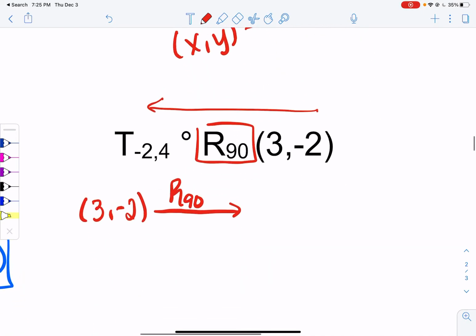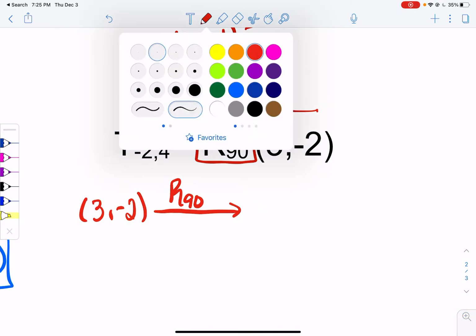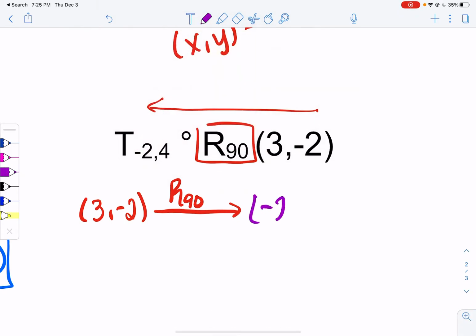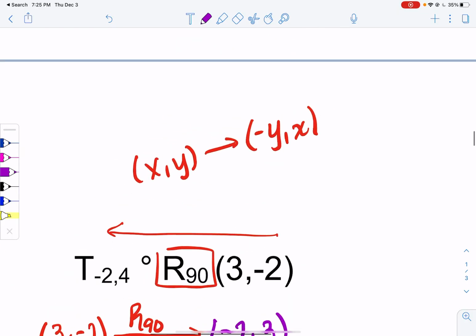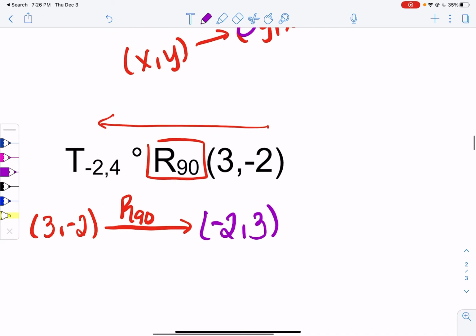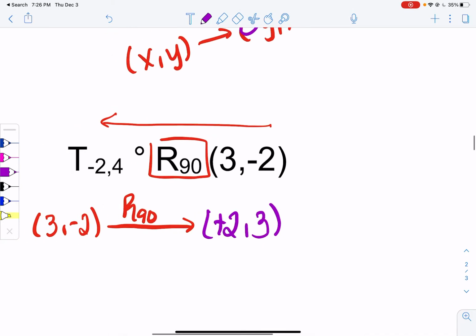So I'm going to flip my values, so I have (-2, 3). But I make my first value opposite of what it actually is. So I already have a negative here, but the negative of a negative is a positive. So this becomes positive 2.